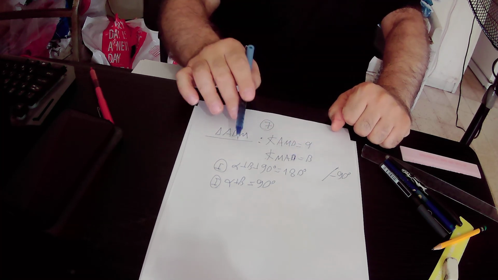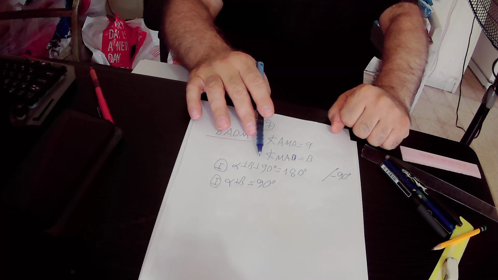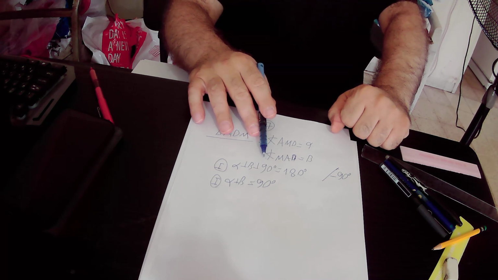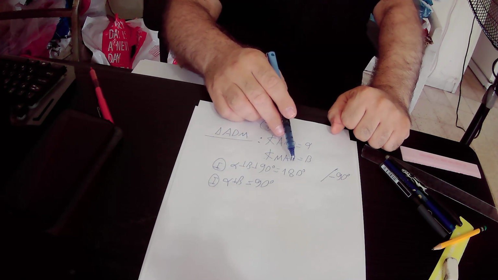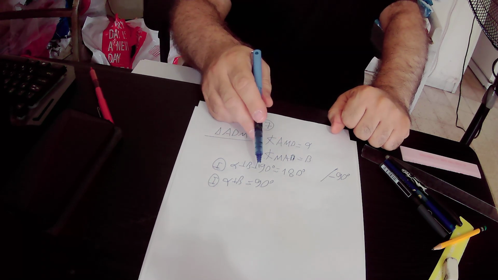Alpha plus beta plus 90 degrees minus 90 degrees equals alpha plus beta, and 180 degrees minus 90 degrees equals 90 degrees.